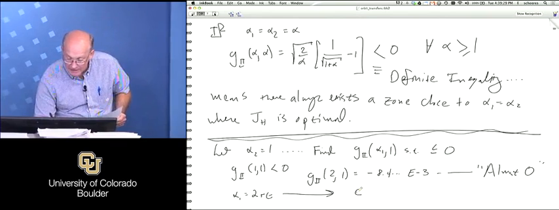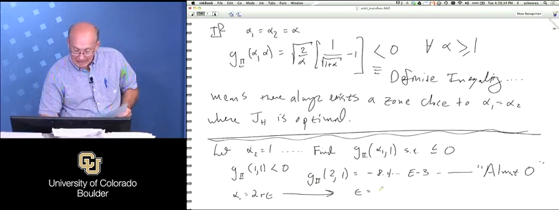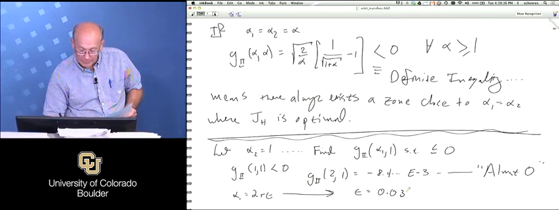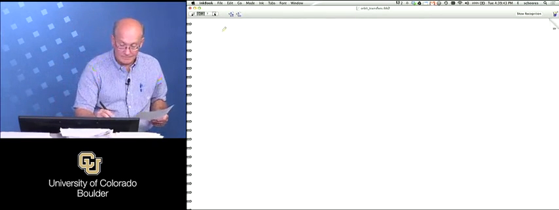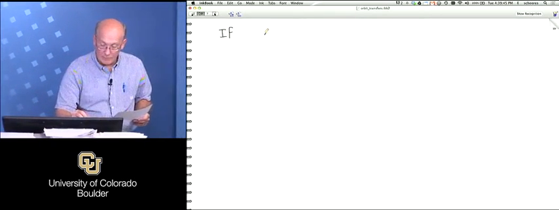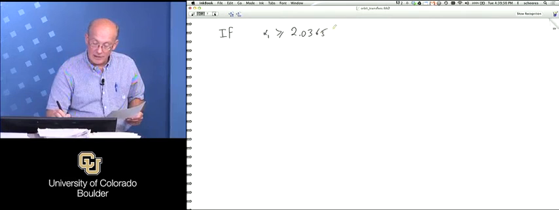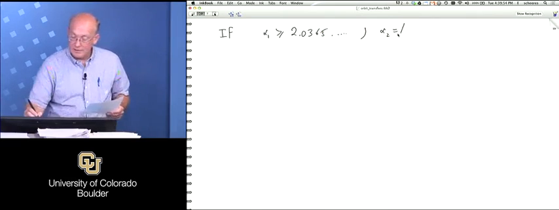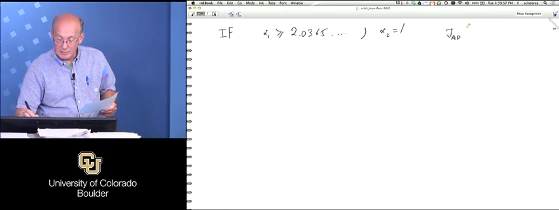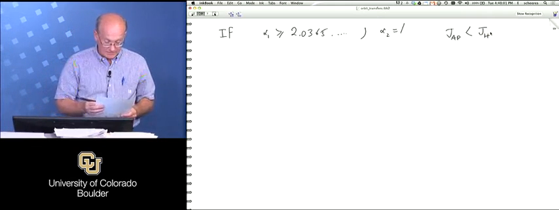And we can actually find, to make this guy equal to 0, to find this transition point, epsilon is equal to 0.0365. And we come up with the following result. If alpha 1 is greater than or equal to 2.065 dot, dot, dot, and alpha 2 is equal to 1, this parabolic cost is less than the Hohmann transfer cost.